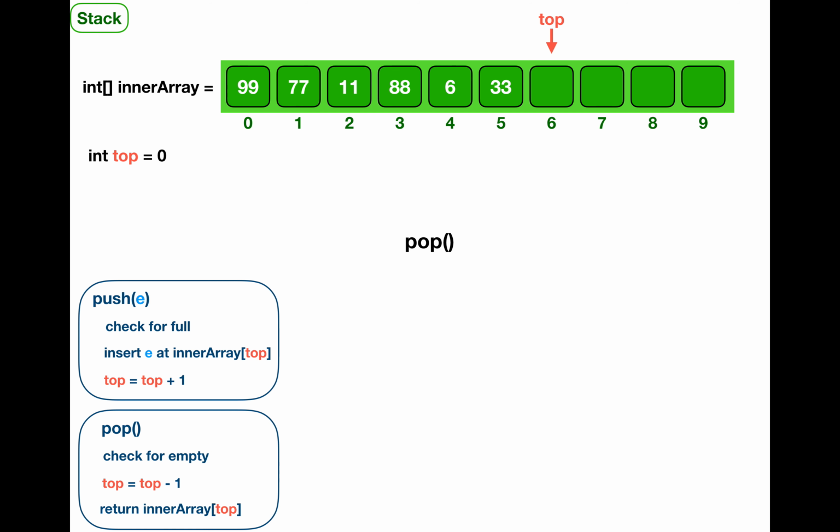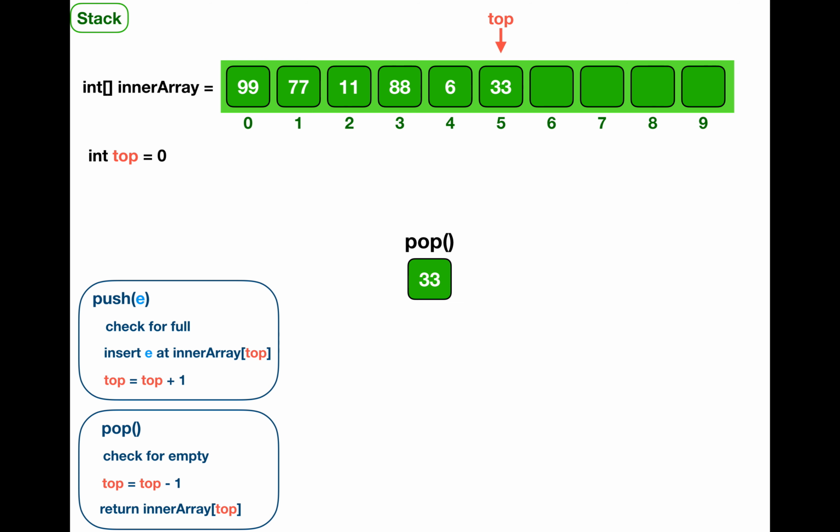Let's say that we wanted to pop though. So in this case, we want to decrease the index or the marker by 1. Top minus 1 would be at index 5 in this case, and then we would return whatever is in that spot. We would end up with the number 33 if we popped, and then our top would be in that spot. Now there's a small problem with this.